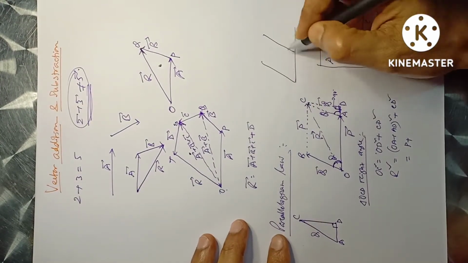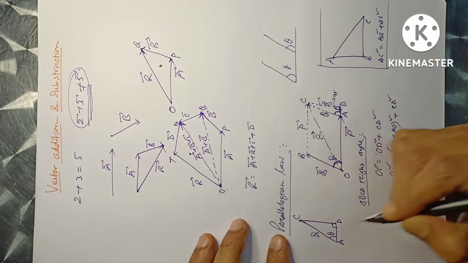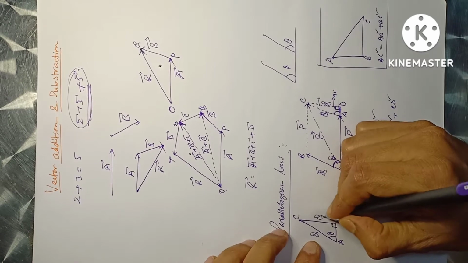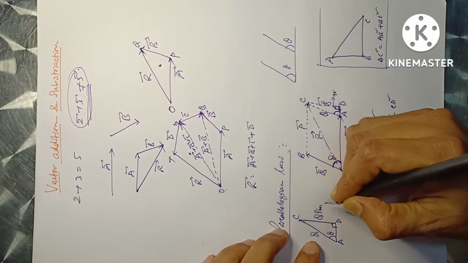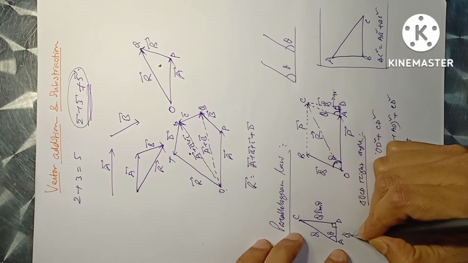Two parallel lines always make angle theta. So we can write this value as theta. So we can write CD equal to Q sin theta from trigonometry formula and AD equal to Q cos theta.